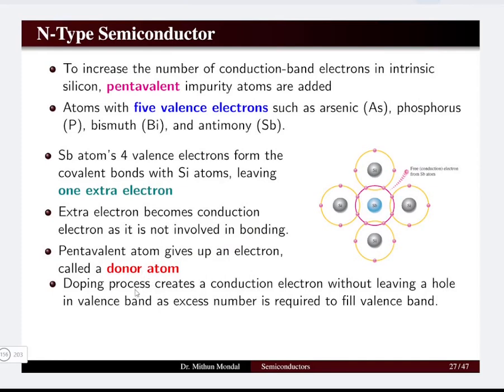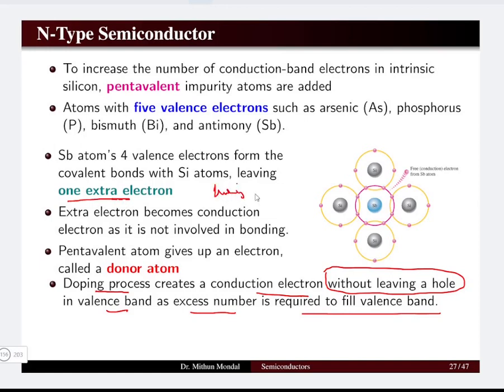Now it is to be noted that the doping process creates a conduction electron without leaving a hole. So holes are not generated in the valence band in the doping process. One extra electron is formed, but holes are not formed.